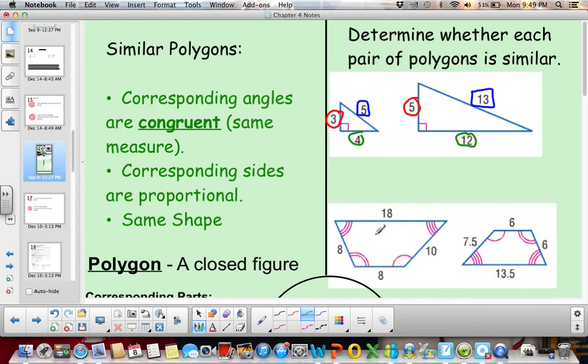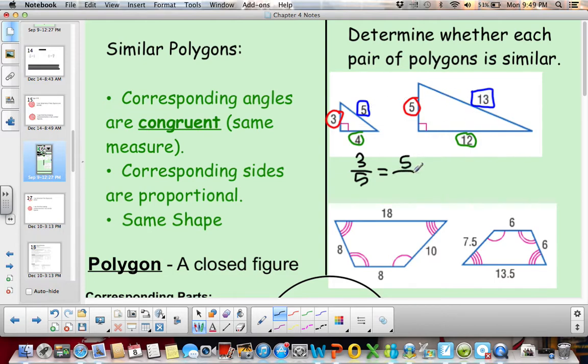So the way that we can figure out if they're proportional is we think back to how we figured out if ratios are proportional, and we can set this up as a ratio. So we can do 3 over 5 equals 5 over 13.